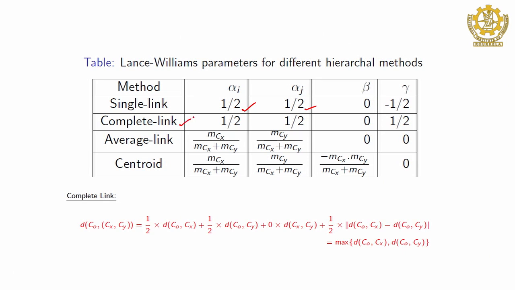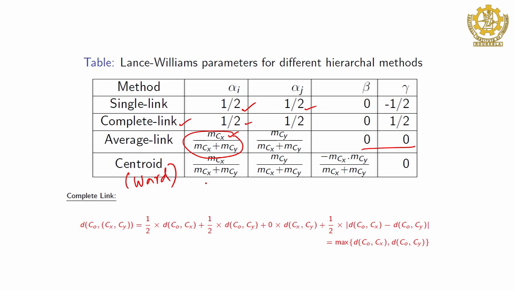If you apply complete linkage, this is half, half, 0 and this will be plus half. And then average linkage, this is m c x over m c x plus m c y, where m c x is the number of points in the cluster C x. Similarly, m c y is the number of points in the cluster C y, and this value will be 0, and then there will be another method called Ward's method.